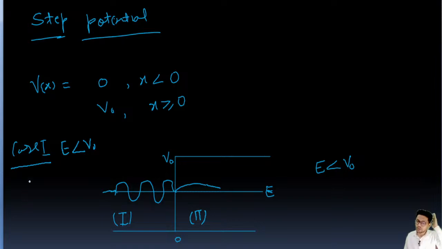Now we'll find the Schrodinger equation for region one.